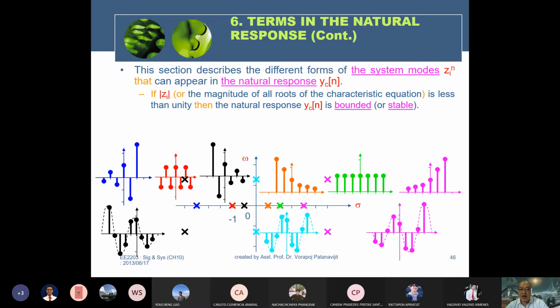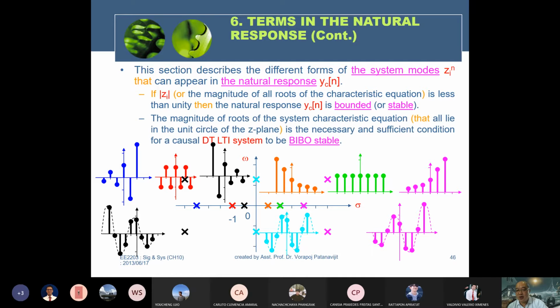Therefore, the response depends on zi, the roots of the characteristic equation. If the magnitudes of all the roots of the characteristic equation are less than unity, then the natural response yc is bounded, or stable.